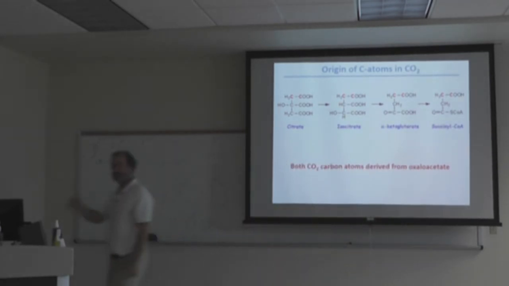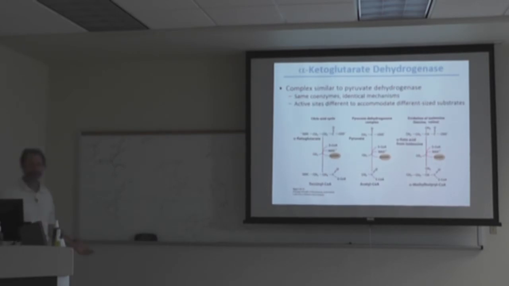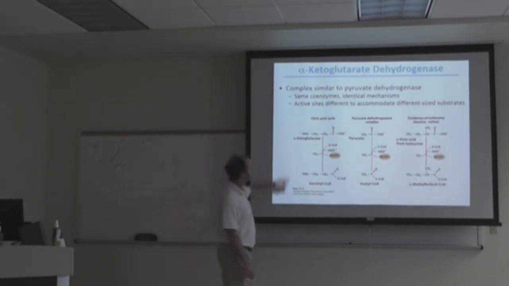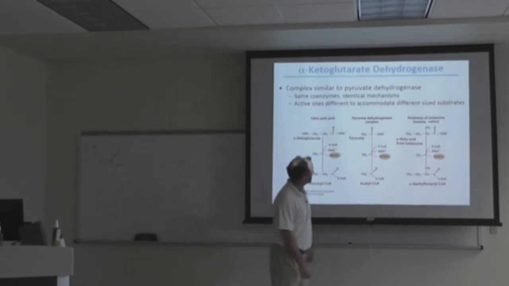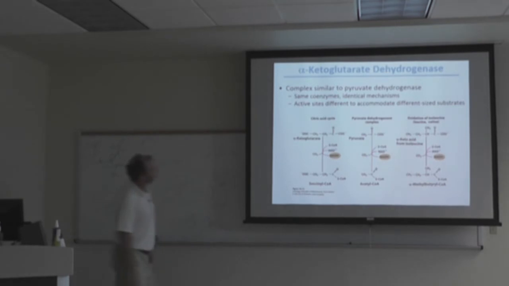Okay? You lose those later on. And again, like I said, the alpha ketoglutarate dehydrogenase has the same coenzymes and identical mechanisms to the pyruvate dehydrogenase. So you have alpha ketoglutarate, produces succinyl-CoA, same exact mechanisms. You have lipoic acid and thiamine pyrophosphate.